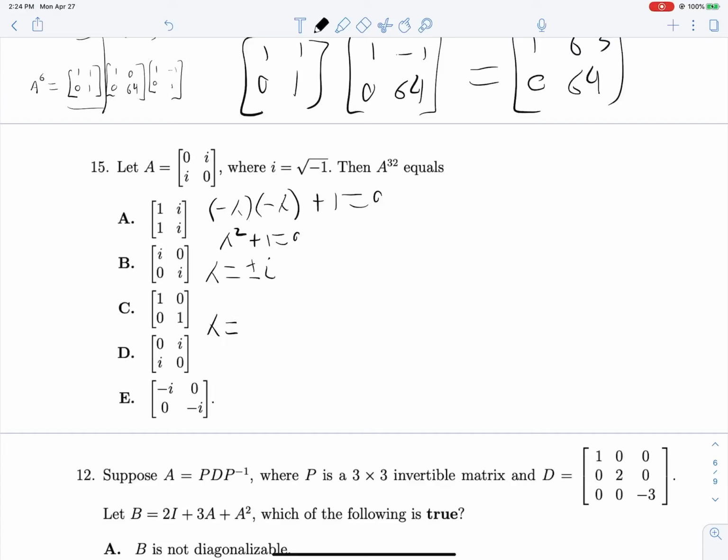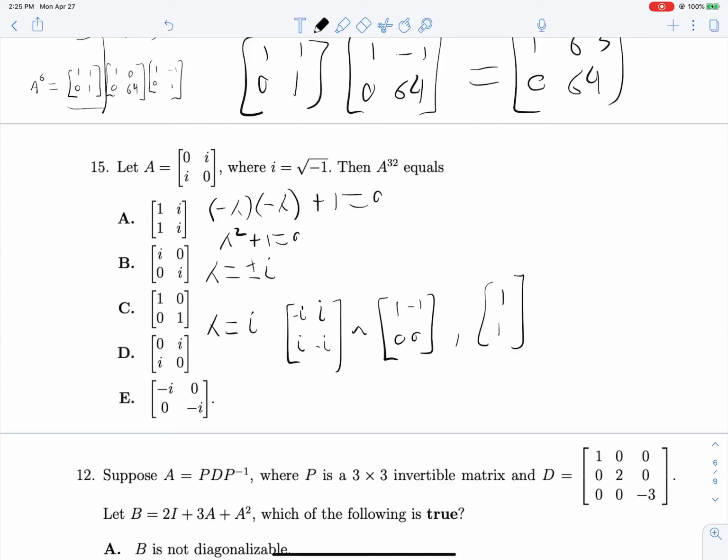For lambda equal to i, A minus lambda I gives us negative i, 1, and so on. We can simplify this down to 1, negative 1, 0, 0, and get an eigenvector of 1, 1 out of that.